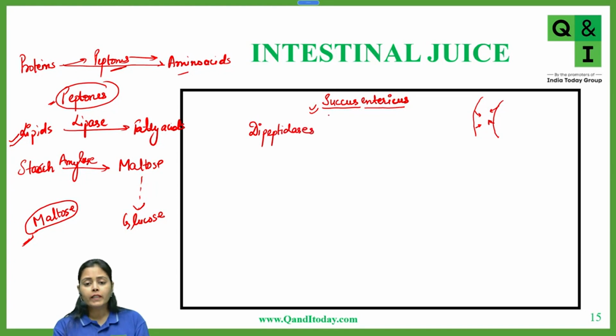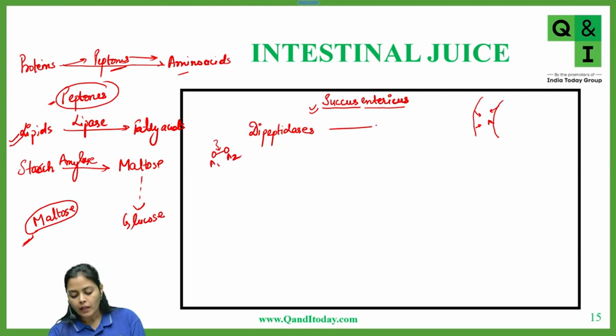Whatever peptones or small amino acid chains were present, amino acid 1, amino acid 2, they will convert all of the leftover peptones and all of the dipeptides into amino acids.